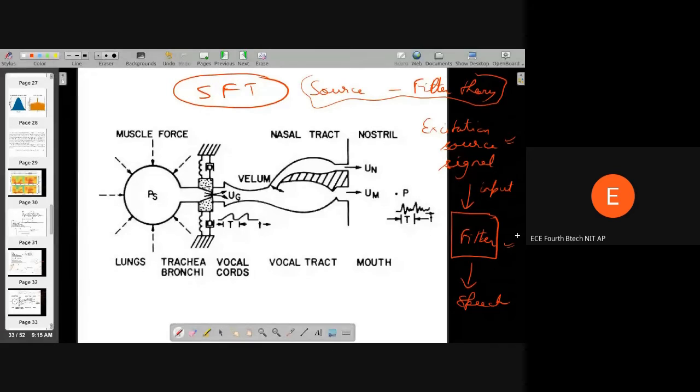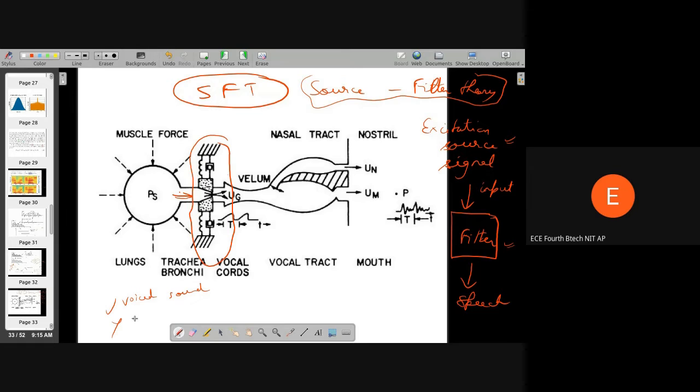So let's look at this diagram. This diagram we have seen in many forms now. You have air, and this glottis, which houses the vocal folds. The vocal folds vibrate when a voiced sound is being uttered.